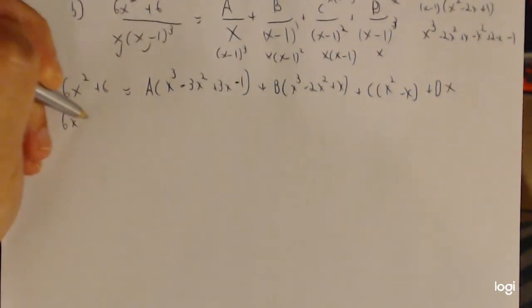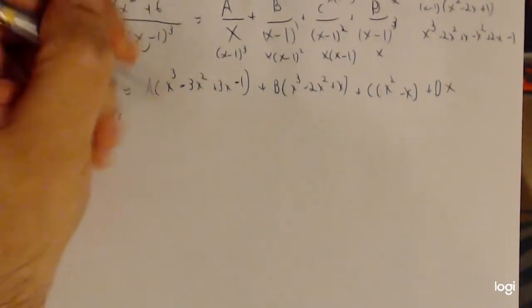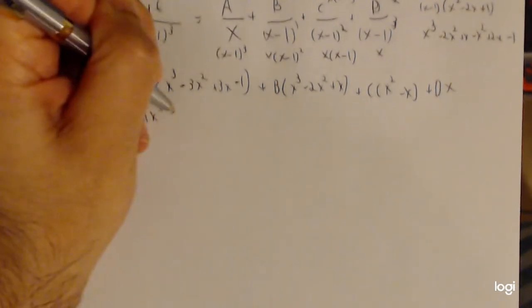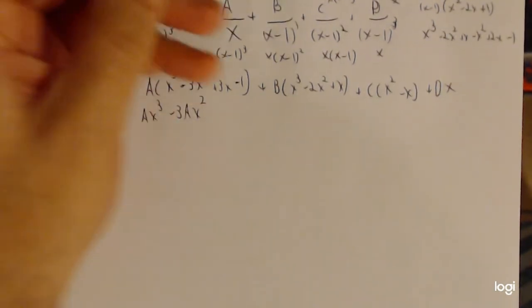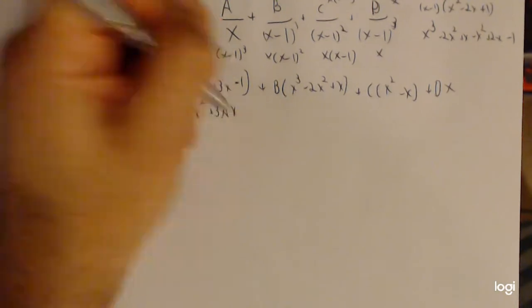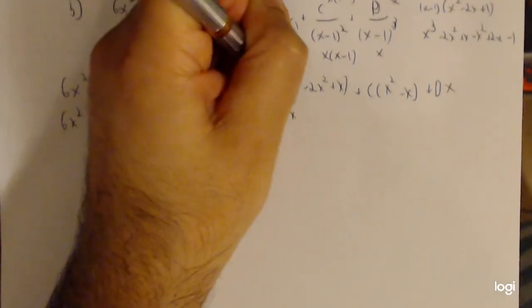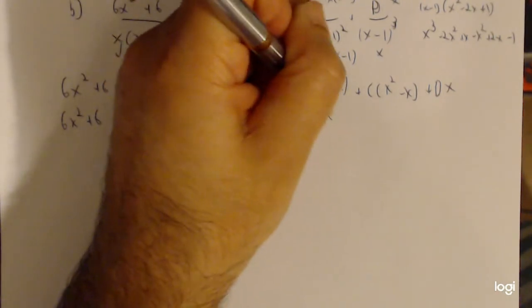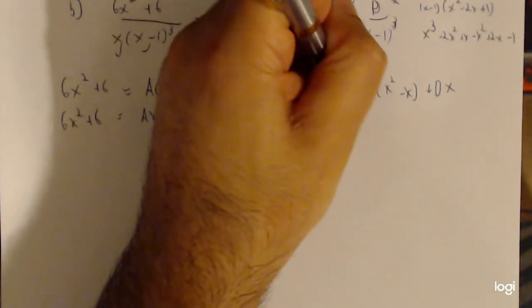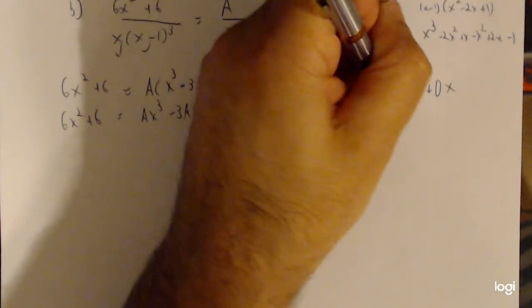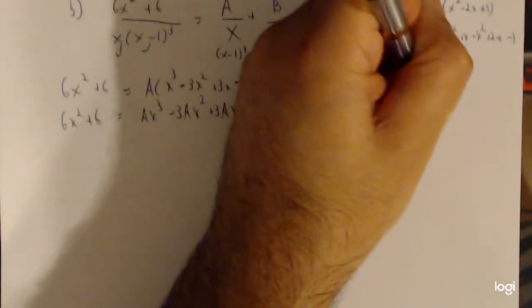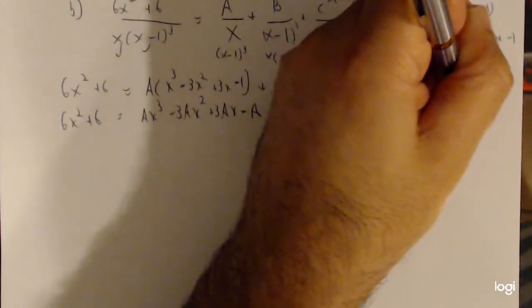So we have 6x squared plus 6 equals ax cubed minus 3ax squared plus 3ax minus a plus bx cubed minus 2bx squared plus bx plus cx squared minus cx plus dx.